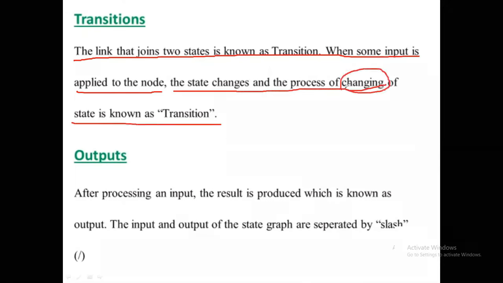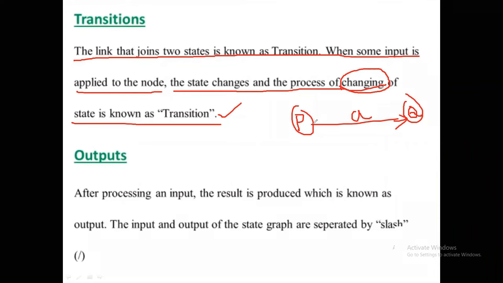For example, P, by applying A, is changed to Q. The P is changed to Q because of applying input A. So this we call a transition.